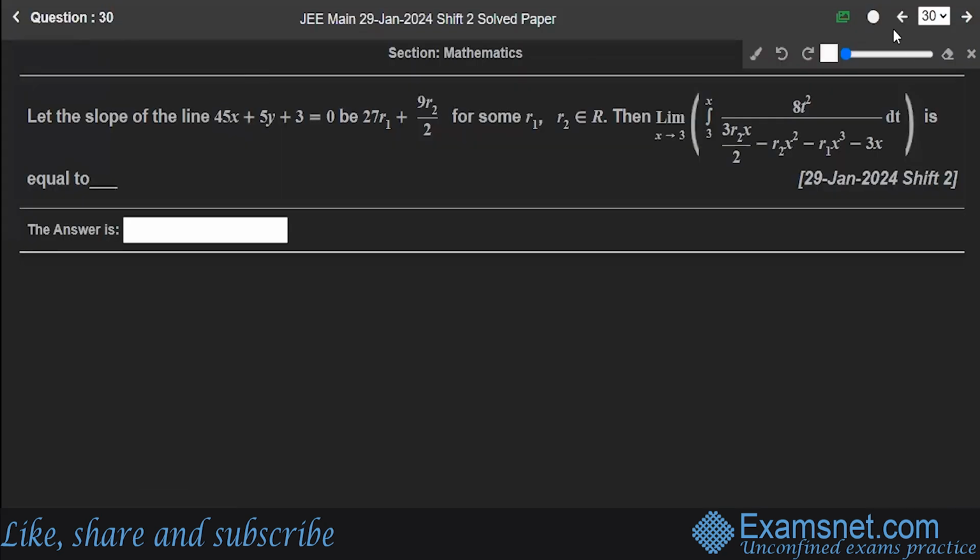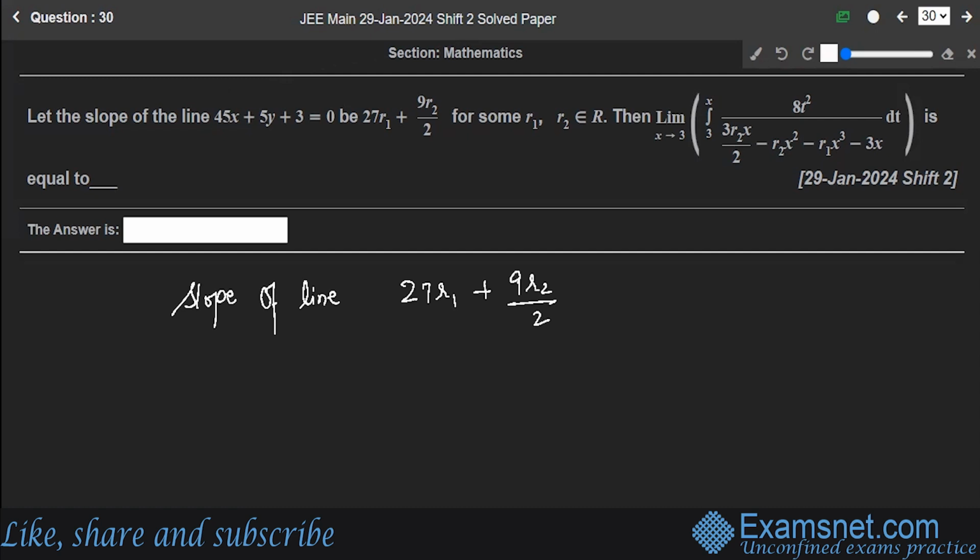Question number 30. Let the slope of the line be given by this, which is equal to 0, for some r1, r2 belonging to real numbers, then the limit is equal to. First of all, you are having the slope of the line as (27 r1 plus 9 r2) upon 2.